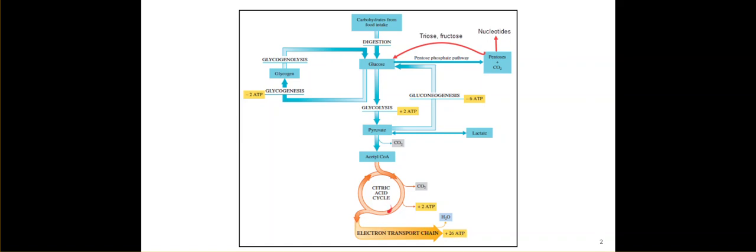This produces FADH2 and NADH that then feed the electron transport chain, and we end up building 26 different ATPs from one glucose. And here's that byproduct of CO2 that I was just asking you about.